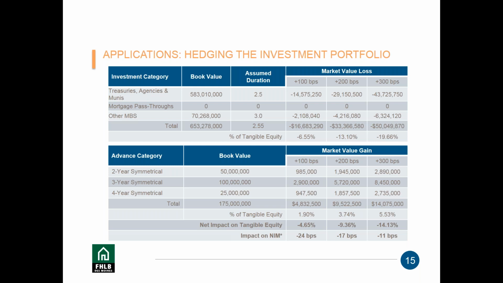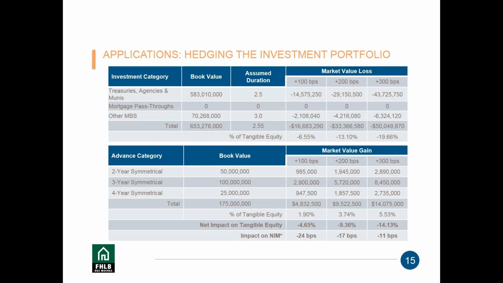Let's also model the simultaneous impact, this time on the positive side, booking 175 units, let's say, in the form of a ladder of 2-year, 3-year, 4-year symmetrical advances. Let's see what happens on a blended basis here. In an up 300 basis point scenario, the detriment that's caused by rising rates is somewhat cushioned.